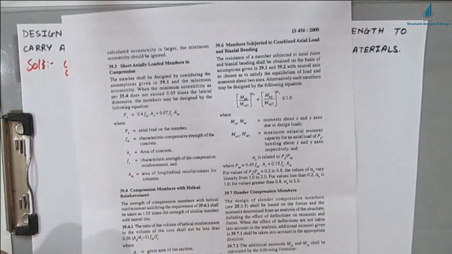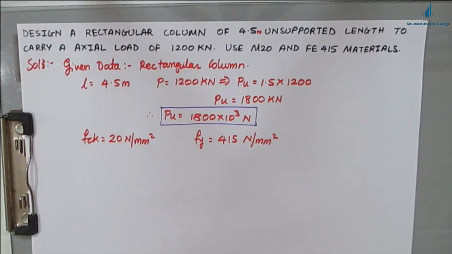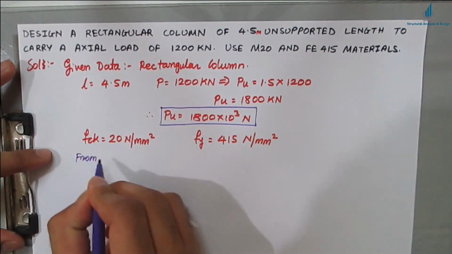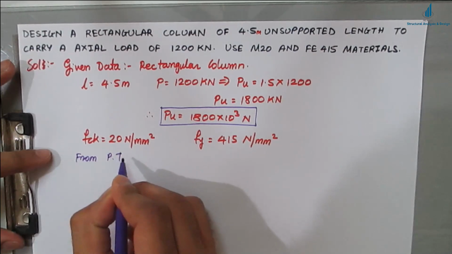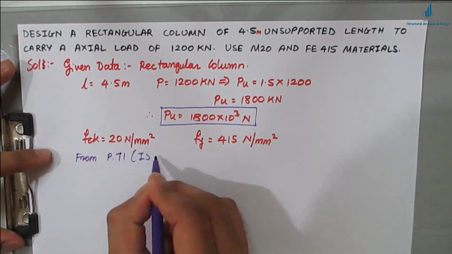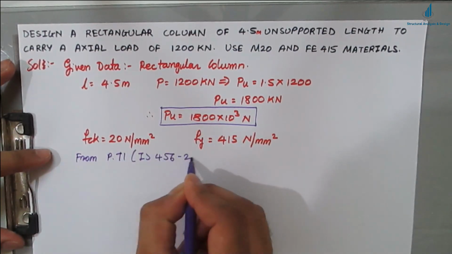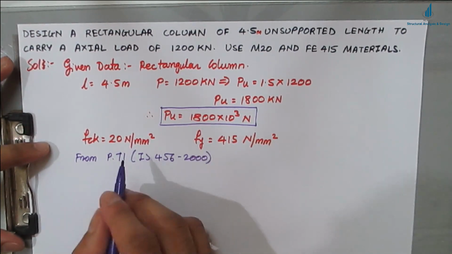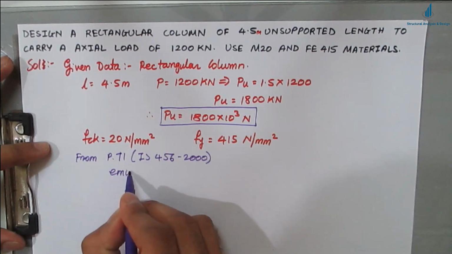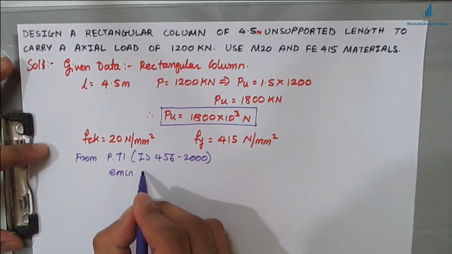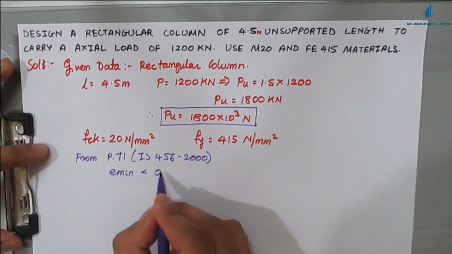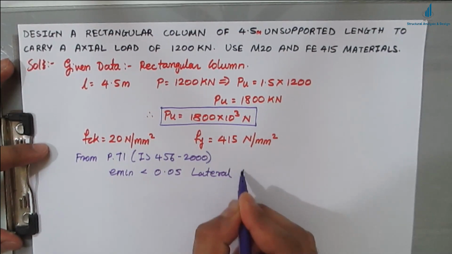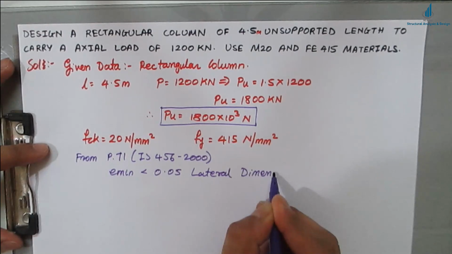So from page 71 of IS 456 2000, e minimum should not exceed 0.05 times the lateral dimension.